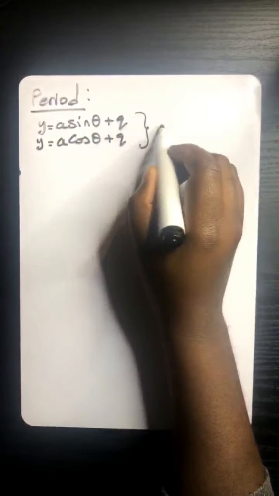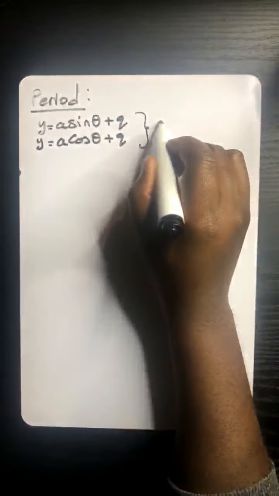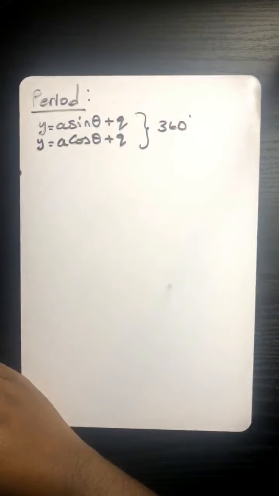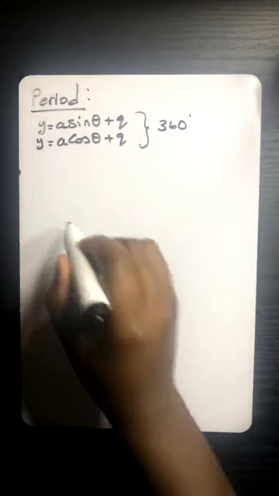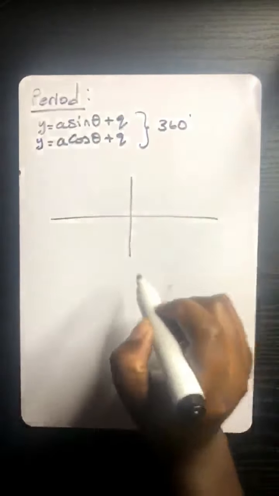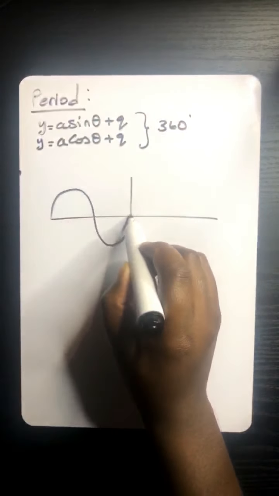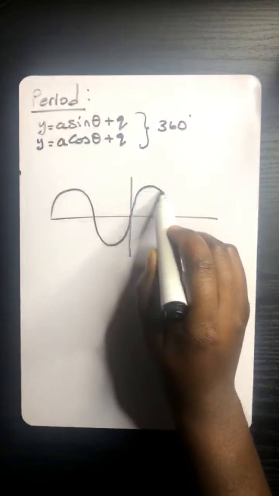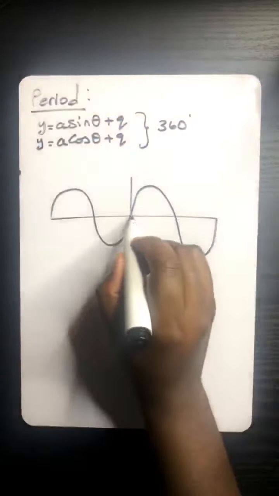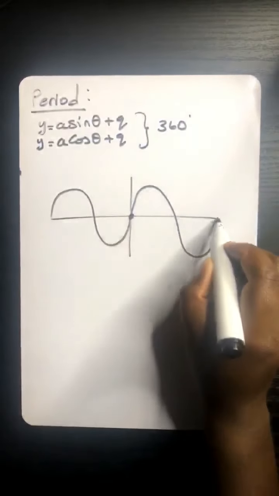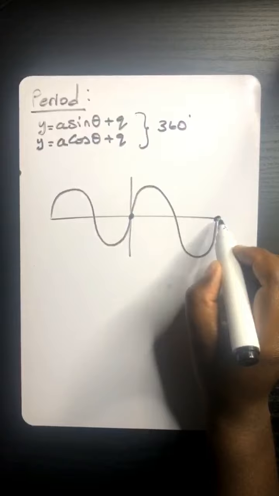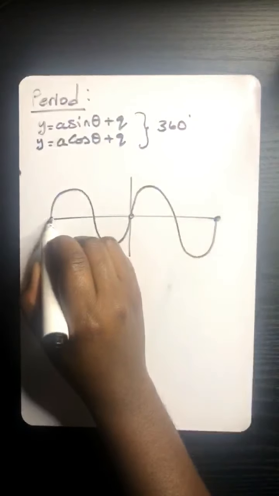We did notice that it repeats itself after every 360 degrees. So that is the period for the sine and the cos function. If it does something similar to that, it is going to also do something similar to that. Can you see that from there up to there, it is the same shape as from there up to there?